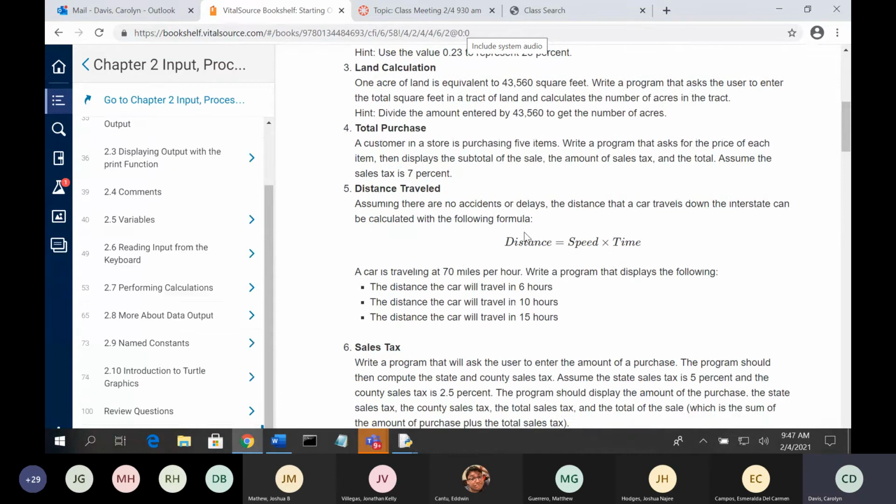Land calculation. Oh, enter square feet and tell me how many acres there are.